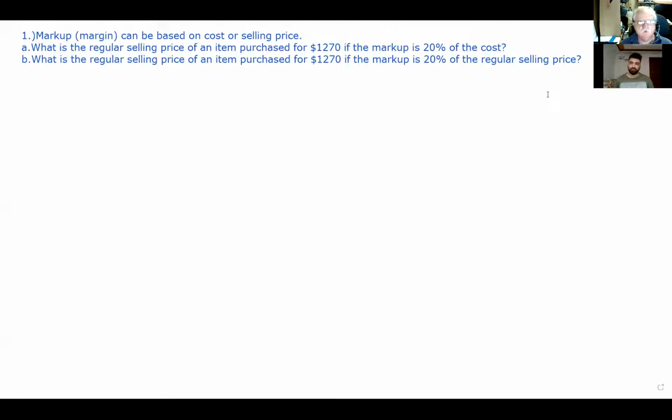First one says markup can be based on cost or on selling price.